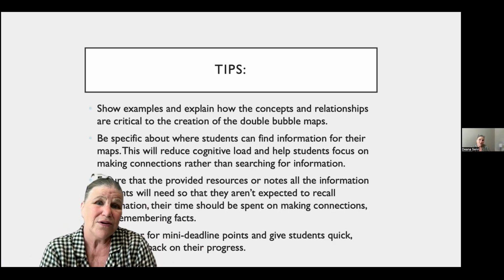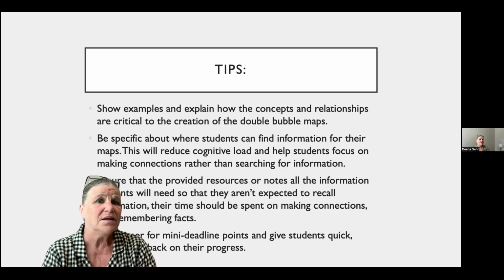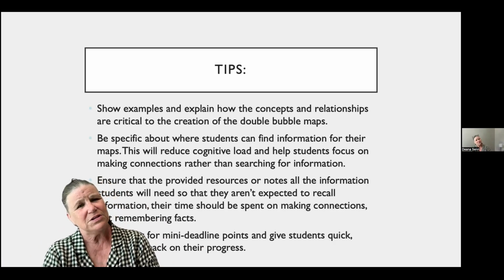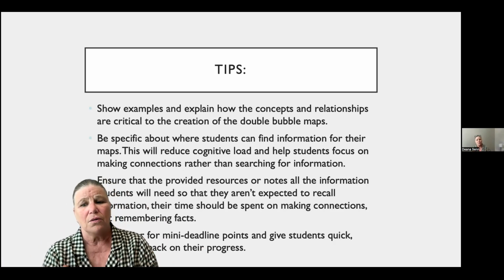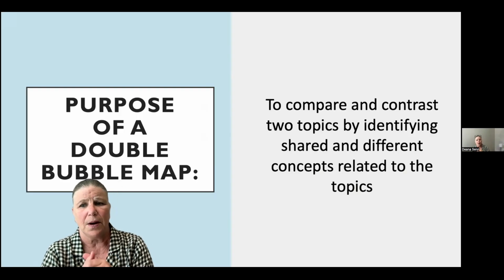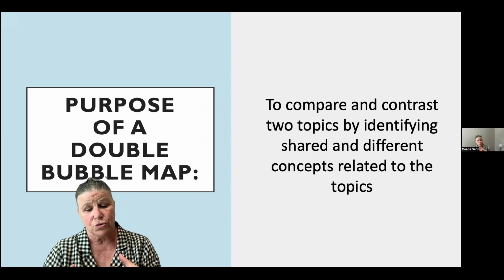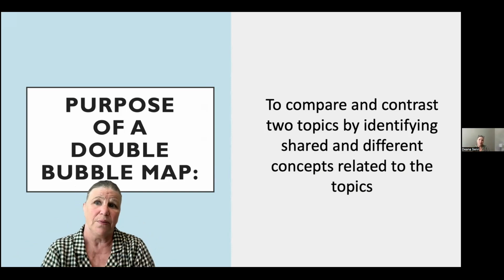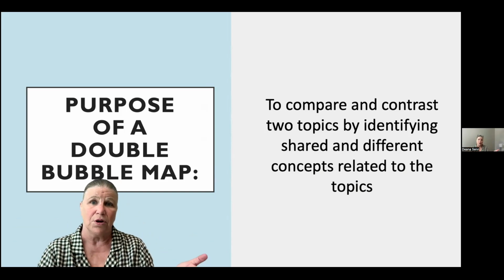Ensure that you have all the resources students need. Be specific about where they can find the information and show them examples so that they know what it looks like. So remembering that the purpose of a double bubble map is to compare and contrast. How are you really ensuring that it's the students who are comparing and contrasting? They aren't simply copying yours or someone else's thinking.